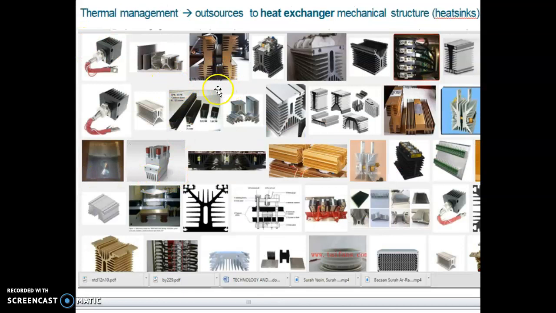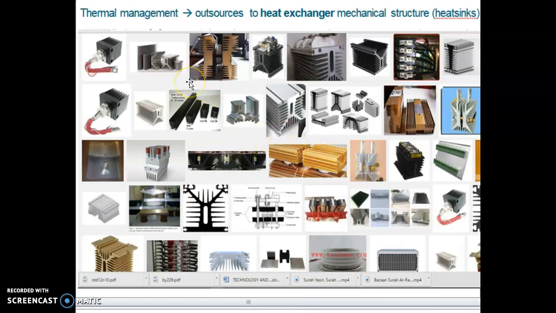If we Google heatsink or heat exchanger, you can see there are many types of patterns or constructions of heatsinks, which are used to dissipate heat from power electronic devices, transistors, BJT, GTO, all such power devices.